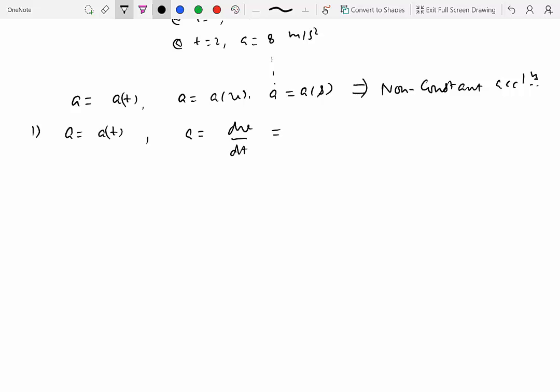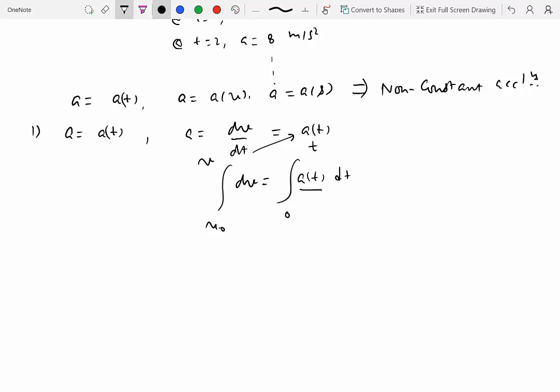So I will take dt on this side, because a(t) is given as a function of time, and I will have dv on this side and a(t) dt on this side, and I will integrate it, going from velocity v0 to v, time changing 0 to t. In this case, a(t) cannot come out of the integrand because a(t) is a function of time. It has to be inside the integrand so that you can integrate it.